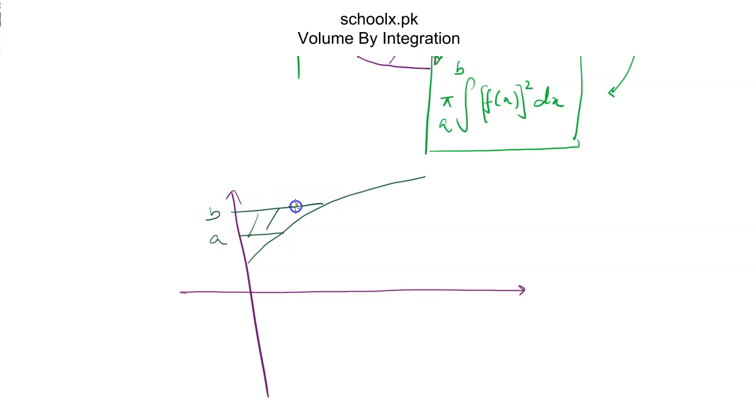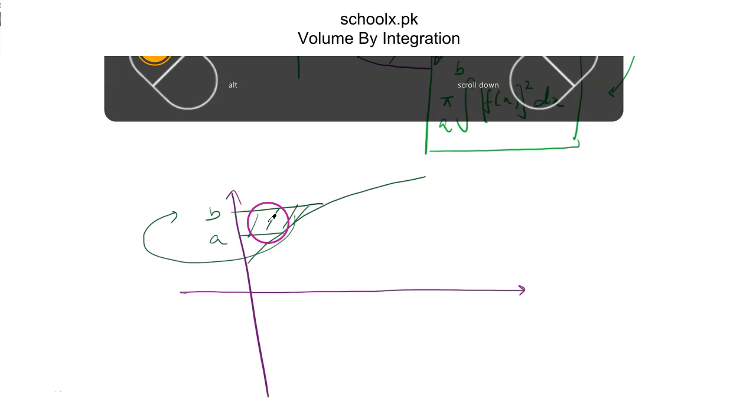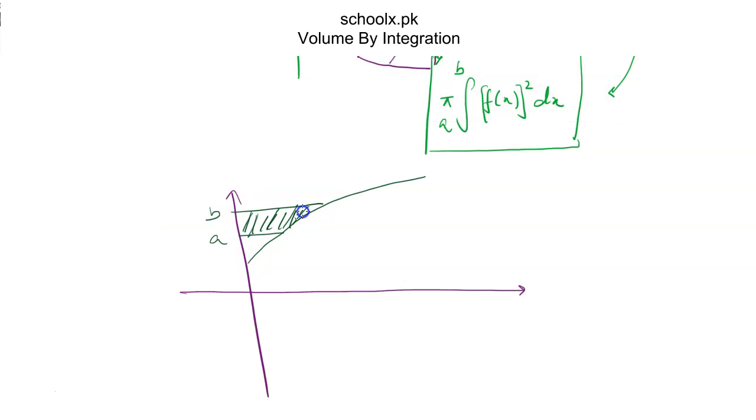They rotated this portion around the y-axis and it will form a shape somewhat like this, right? A cylindrical type shape. They have asked you to find the volume of this figure when this portion is rotated 360 degrees about the y-axis. So let's say this was our function f of x equals x cubed.